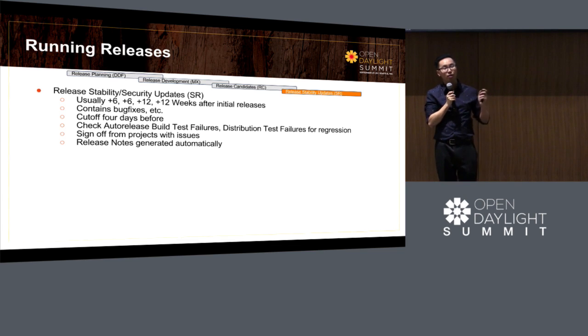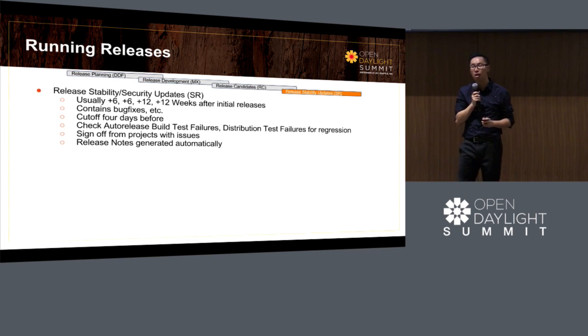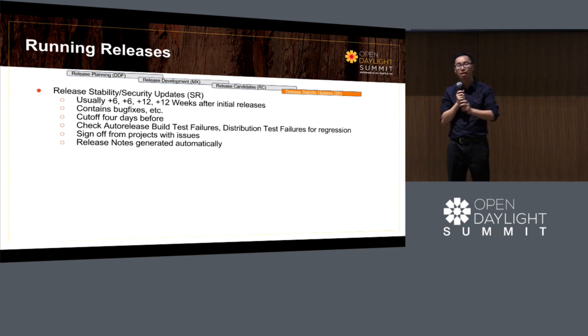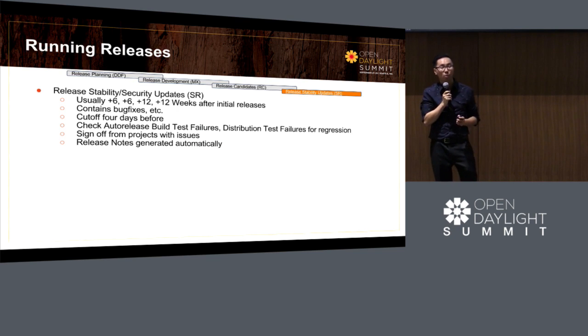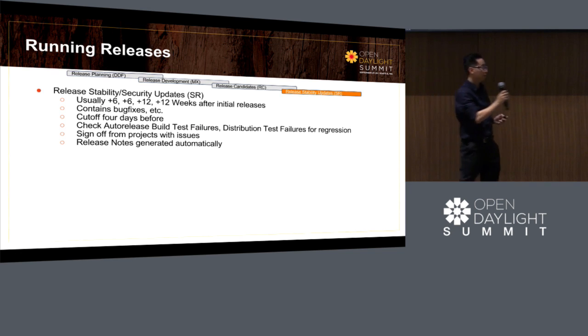And so these four phases represent the sort of organization that needs to occur throughout the release process. However, mechanically speaking, there is additional work that needs to get done in order for us to release. And so my colleague Thanh Ha will talk about what we do during the actual releasing of artifacts.